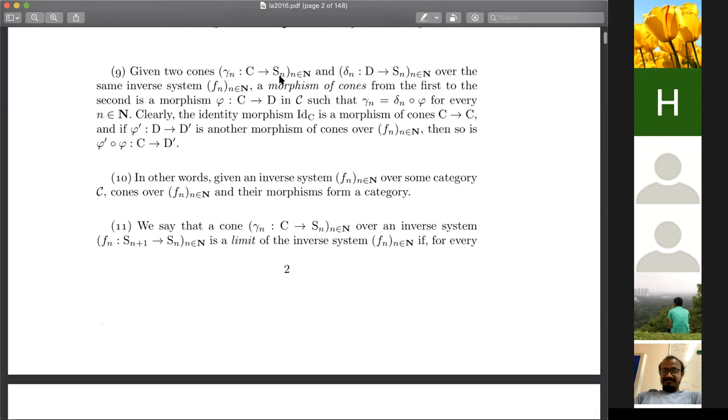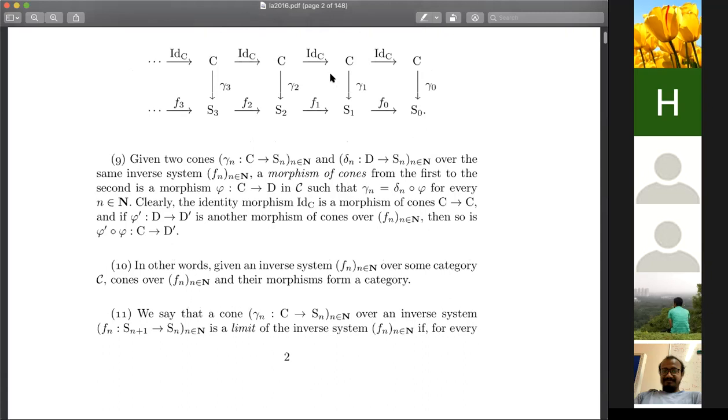You have the cone C over the inverse system S and the cone D over the same inverse system S. Then a morphism of cones is just a morphism of these objects, C to D, in whichever category you are working in. We decided to work in the category of rings, so these S's are rings and C's and D's are rings. So this phi is just a morphism of rings. But it should have just one property: you will get some triangles.